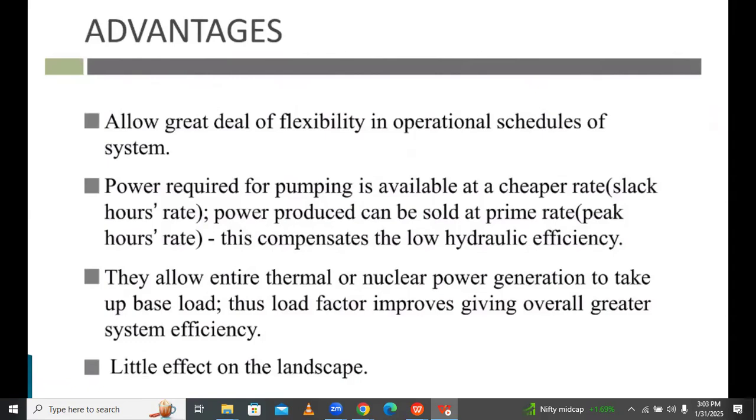Thus, the load factor increases, giving greater overall system efficiency. So by integrating hydropower plants with thermal or nuclear power plants, we can increase the efficiency of the system, with little effect on the system.